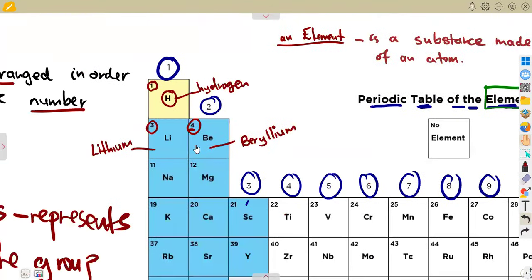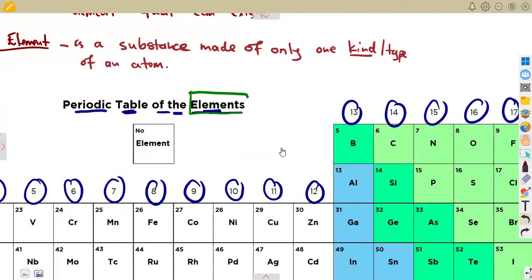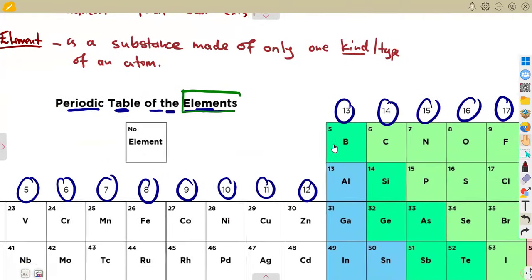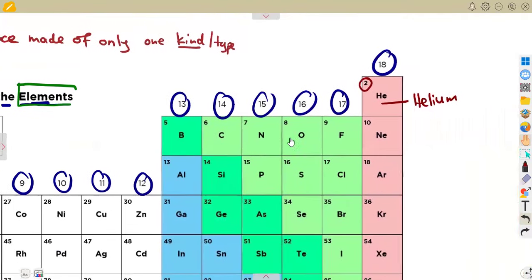Number 3 is lithium. Number 4 is beryllium. Number 5 is boron. Number 6 is carbon. Number 7 is nitrogen. 8 is oxygen. 9 is fluorine.